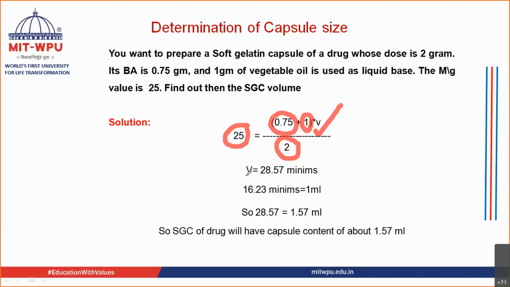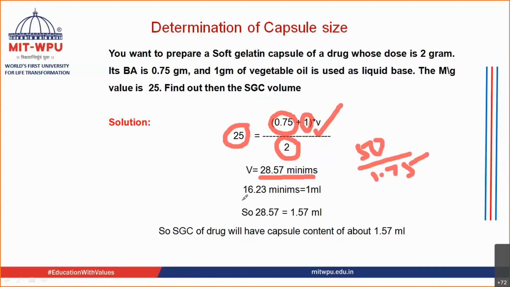So now V is going to be, this 2 is going to be multiplied over here. So this is going to be 50 and this is going to be 1.75. So 50 upon 1.75 is going to give you the value of 28.57 minims. This volume comes in minims.